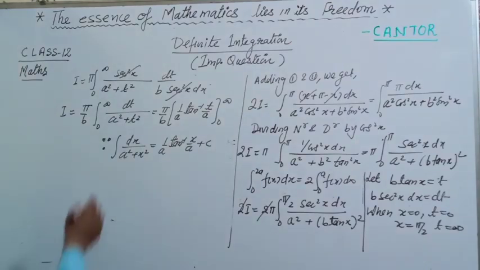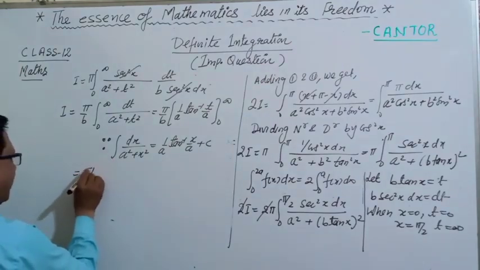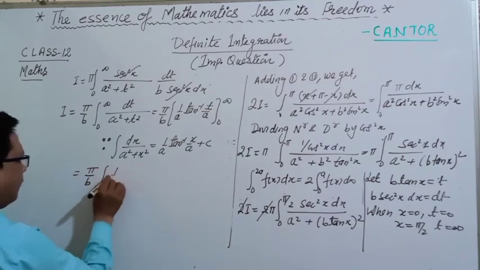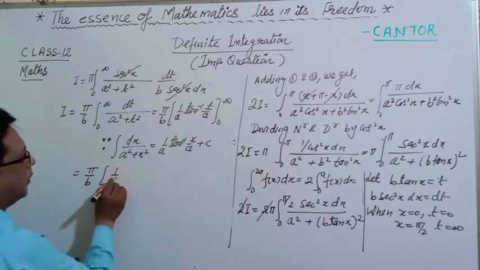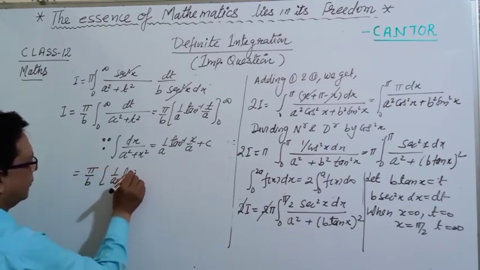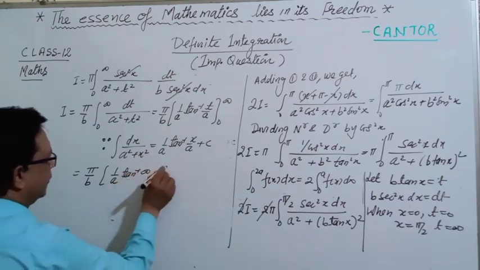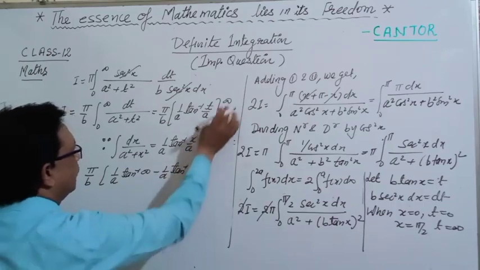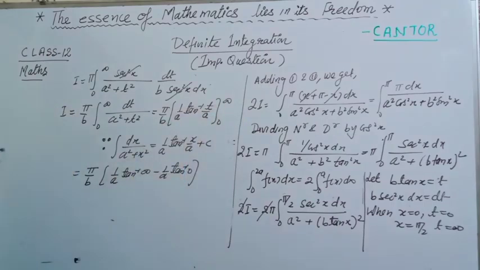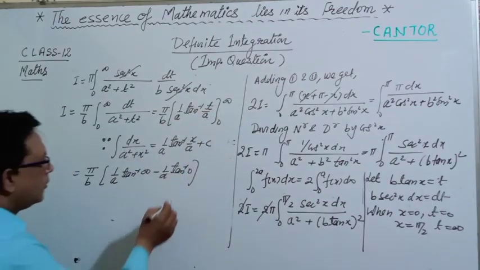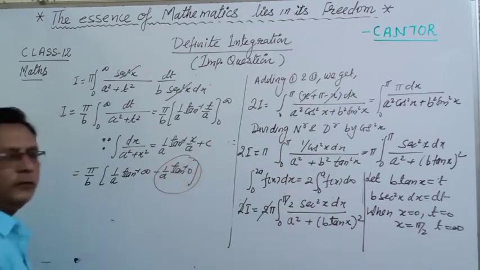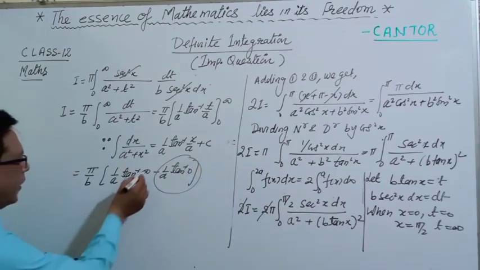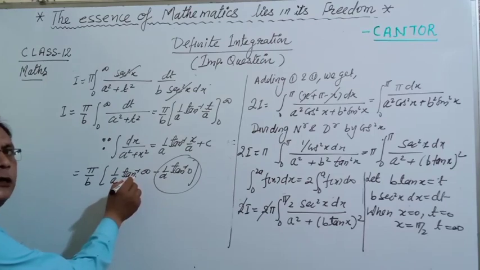So now this becomes pi upon b times 1 upon a tan inverse infinity minus 1 upon a tan inverse 0. We put the upper limit, then apply the minus sign and put the lower limit. This becomes 0, since tan inverse 0 is 0 and tan inverse infinity is pi by 2.